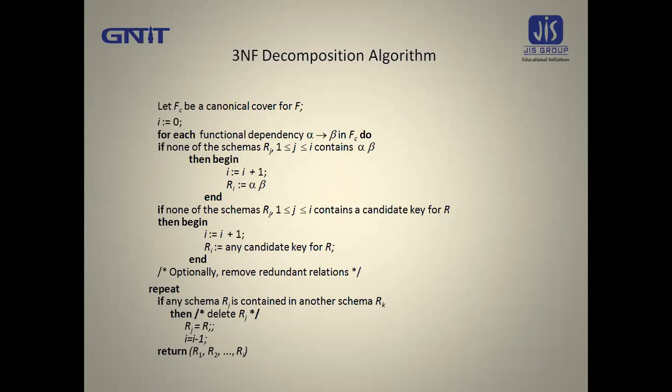So let Fc be a canonical cover for F. Now for each FD alpha implies beta, if none of the schemas Rj contains alpha beta, then first we begin with having Rj's, and then we insert alpha and beta into them. Now if none of them contains a candidate key, then we again supply a candidate key from R to Rj.